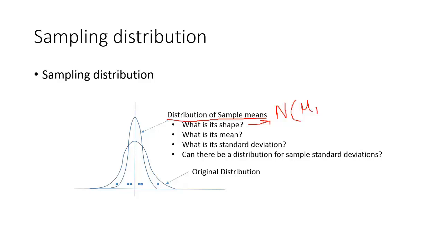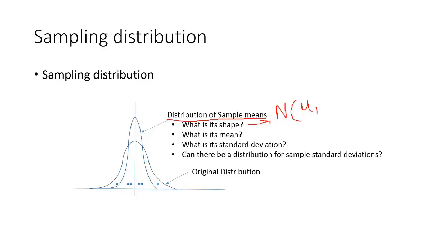But depending on the size of the sample, the standard deviation is going to be typically lower, right? It will always be lower as long as the sample size is greater than 1. And the relationship is nothing but sigma square.